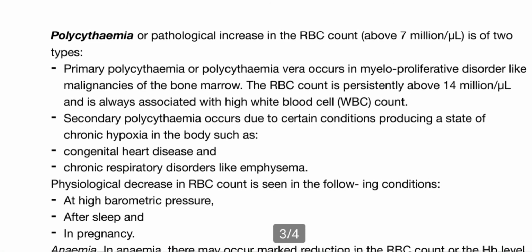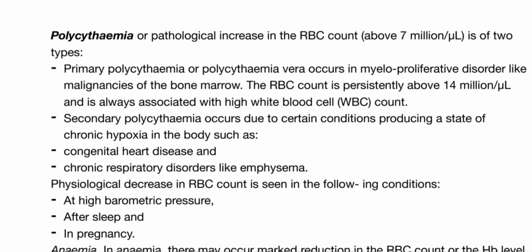Now, polycythemia. Polycythemia, or pathological increase in the RBC count above 7 million per microliter, is of two types, primary and secondary. In primary polycythemia, or polycythemia vera, it occurs in myeloproliferative disorders like malignancies of the bone marrow.